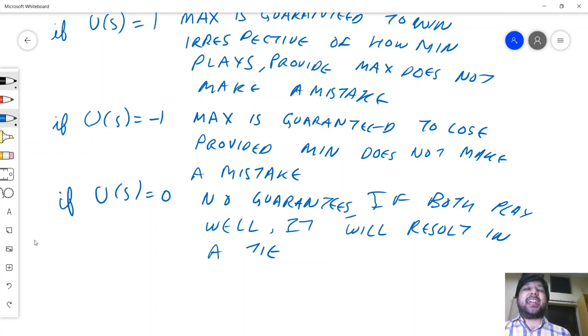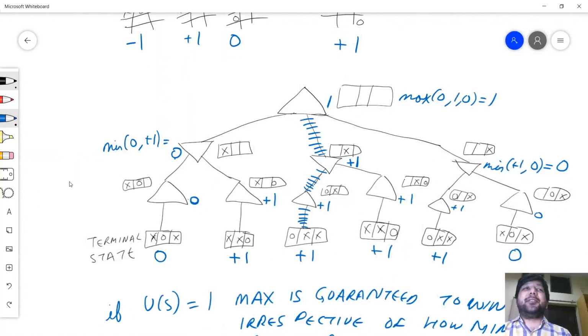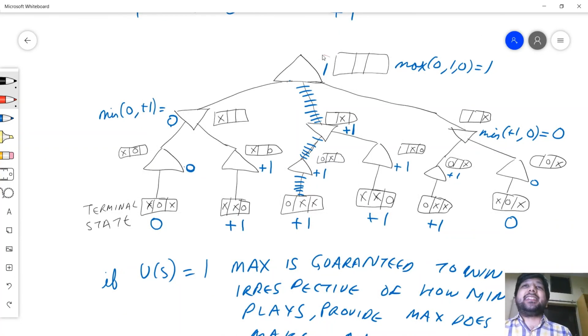So the above game was actually bad because even before you start playing it, you know that Max is going to win it. Normally in games, the root will always be 0. That means unless one player makes a mistake, it is going to end up in a tie, or the game is fair. So both players are equally likely to win or at least enforce a tie. That's a bad game, but of course I had very little space to deal with and therefore I had to do that.